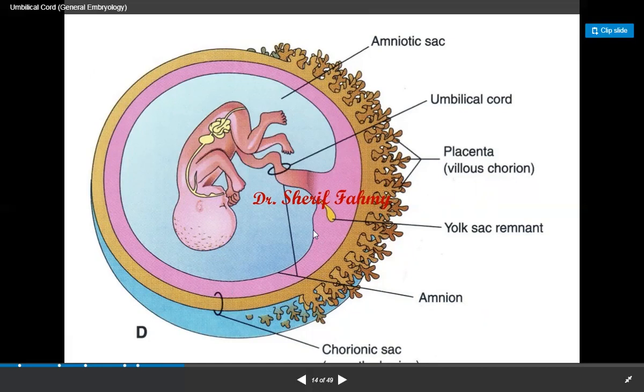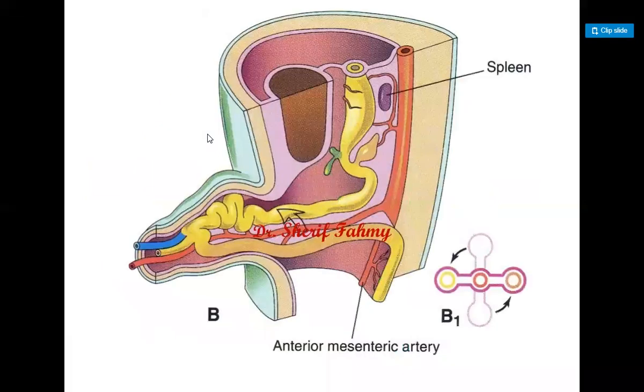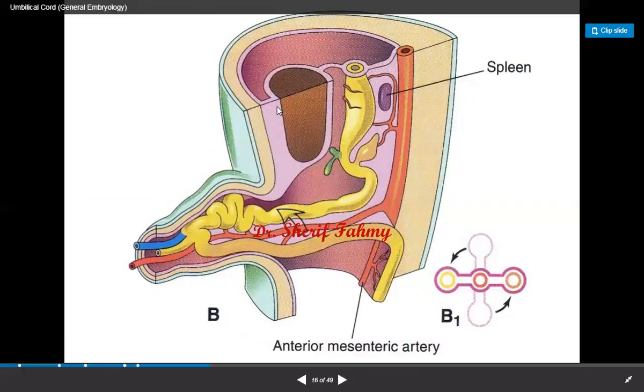So this is in short the connection of the placenta, umbilical cord, and the fetus. And this is the top view and the cut section of the cord, to see how it looks.